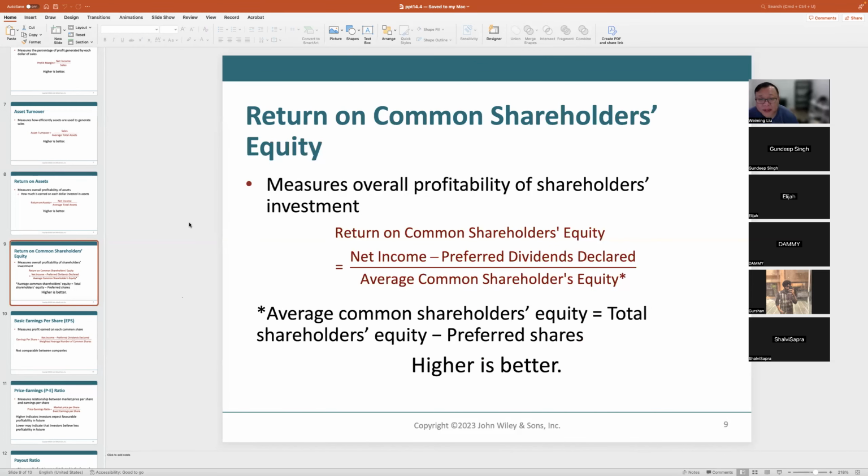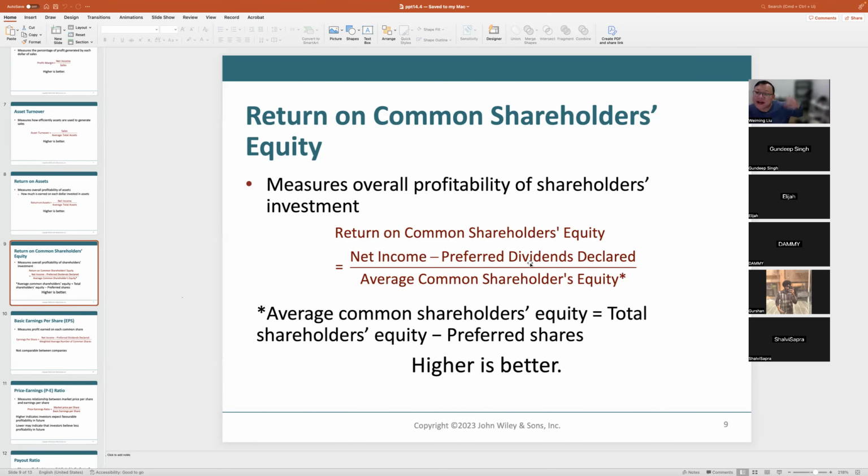Return on common shareholders' equity. We talked a little bit about this one. Basically, you use net income. And remember, not 100% of net income is available to the common shareholders. It first has to go to the preferred shareholders. So I use net income minus the preferred dividend declared.